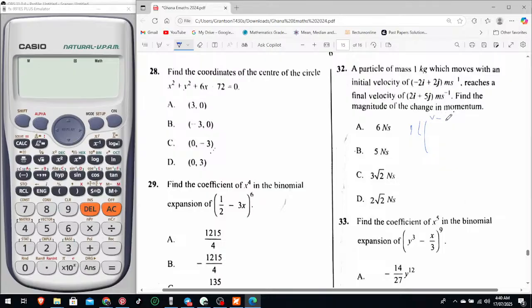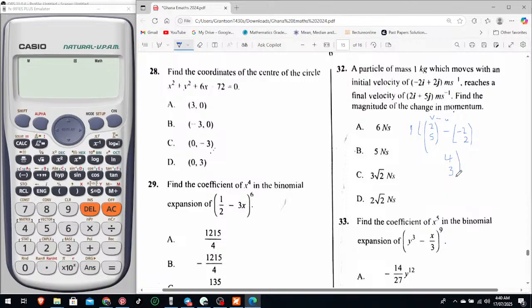Business students, are you listening? Yes, sir. So 2, 5 minus negative 2, 2. What will you get? This gives you 4, and the second one gives you 3, times the 1 kilogram.